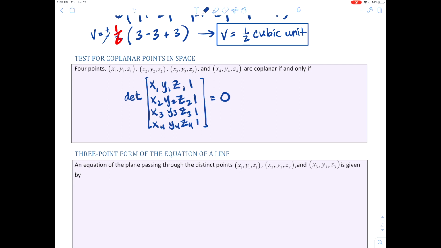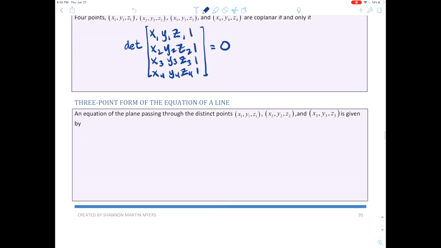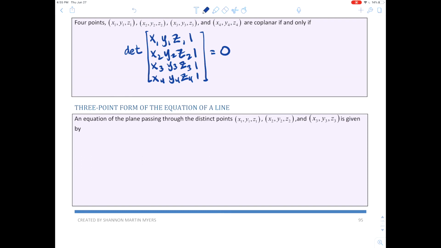All right. Now, here's kind of a cool way to find the 3-point form of the equation of a plane. So an equation of the plane passing through the distinct points x1, y1, z1, x2, y2, z2, and x3, y3, z3 is given by, again, we let one of the ordered triples vary.